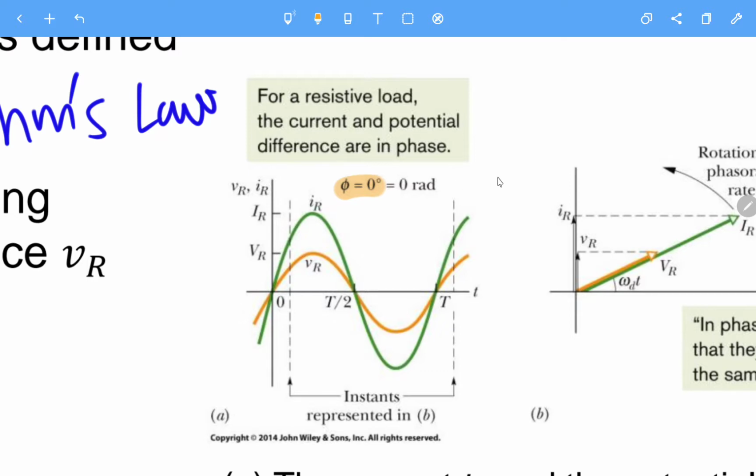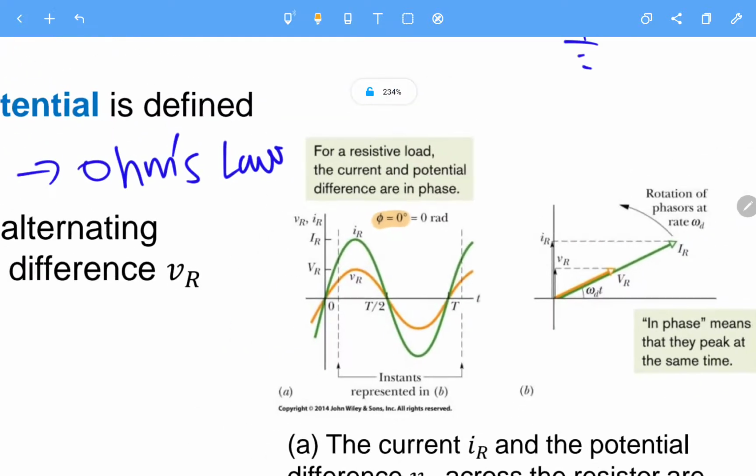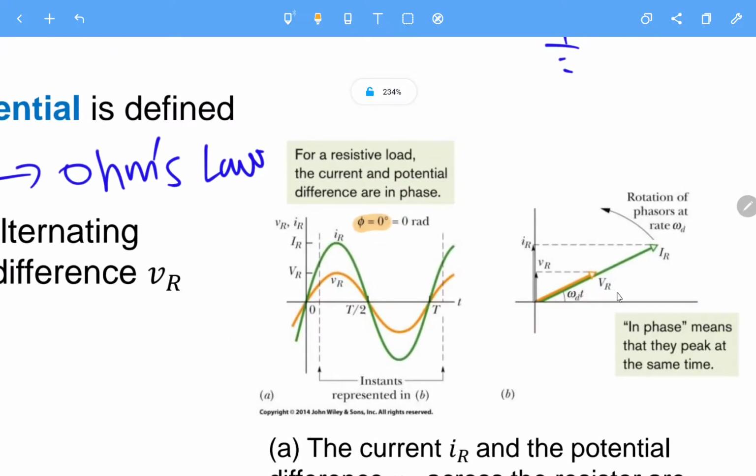Okay, so actually you can imagine the phasor diagram. Suppose the initial phase is 0, so it is like we have VR and then IR, and they are rotating, something like this.